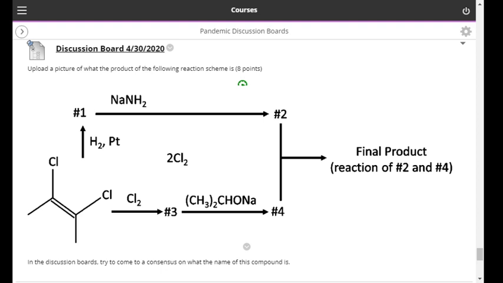So let me go ahead and write the reactions up. So we have H2 and Pt, sodium amide, Cl2, and your isopropoxide. And the two of these are going to react to form product 2 and 4.